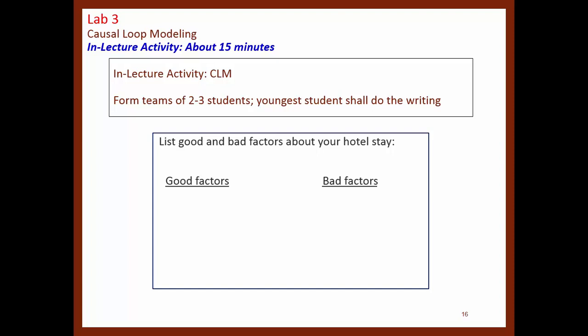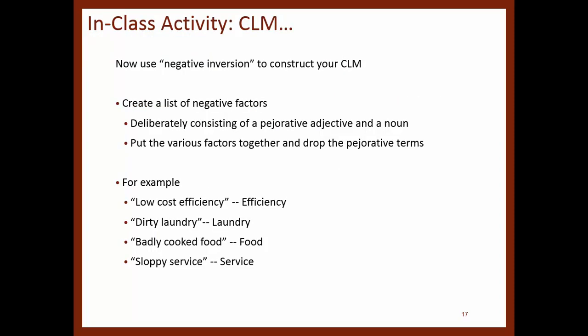The only thing that you have to submit is the diagram that is in the paper. So you can think about good factors, bad factors, but at the end I want you to focus on that list of negative factors, deliberately consisting of pejorative adjectives and a noun, and put the various factors together and drop the pejorative terms.